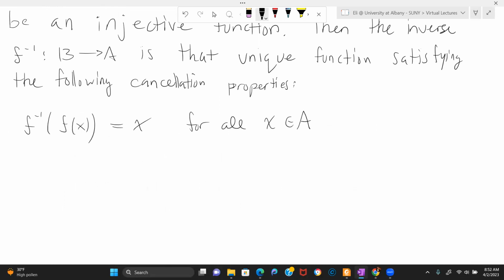There's going to be another similar condition. What does this basically do? It says the inverse function undoes whatever f does. So you plug x into f, it does something. We don't know exactly what it does, but whatever it does is such that if you apply f inverse, it's going to undo it to just give you back x.